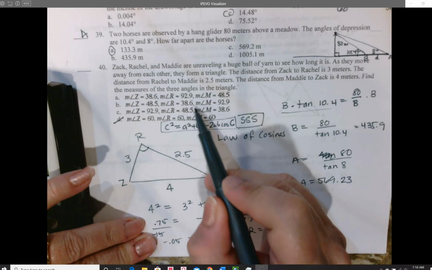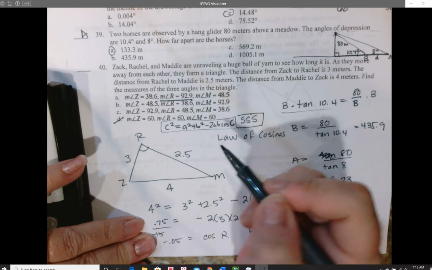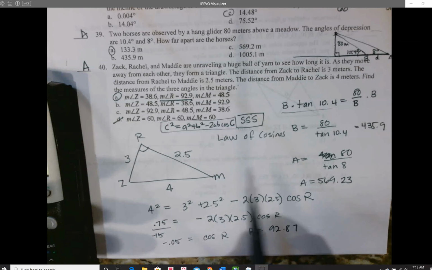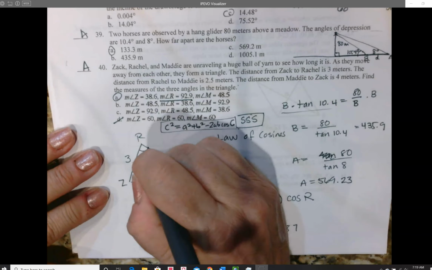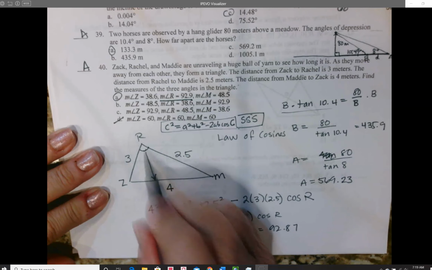Okay, so already that is the only one that has that for angle R. So I know that I am done, and choice A is my best choice. So you will go over law of cosines and law of sines when you do Algebra 2 next year again. But the trick with law of cosines is that you want to always find the largest angle, which is across from the largest side first.